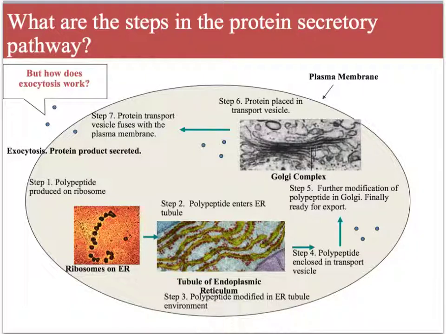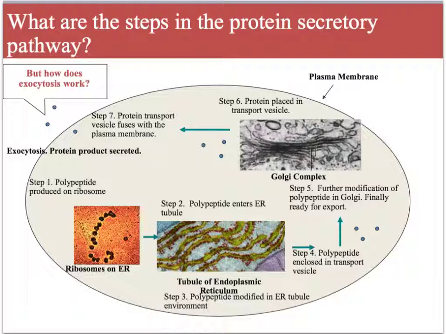So a polypeptide is produced on the ribosomes. Step 2, my polypeptide enters the endoplasmic reticulum tubule. It is then modified in the tubule and enclosed in a transport vesicle. So I've made my protein on my ribosomes, it's been modified, now it's ready for export.